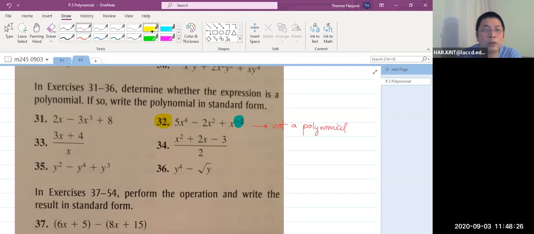How about number 34? Is that a polynomial? Now notice that I can rewrite this as 1/2 x squared plus x minus 3/2, right? So you see the exponents are all integers, right? So it is a polynomial.